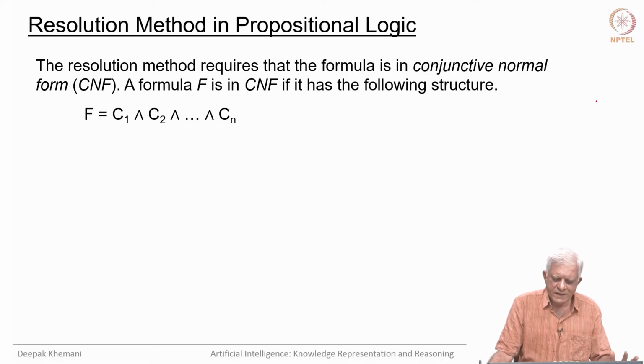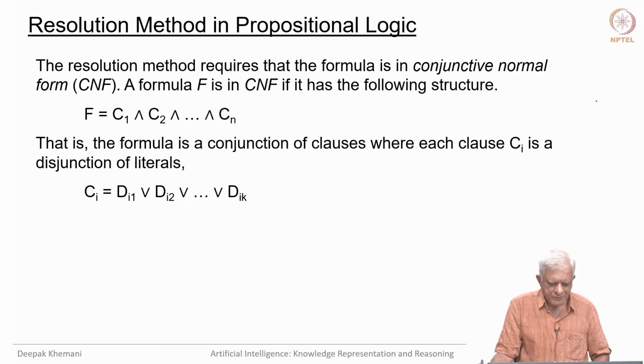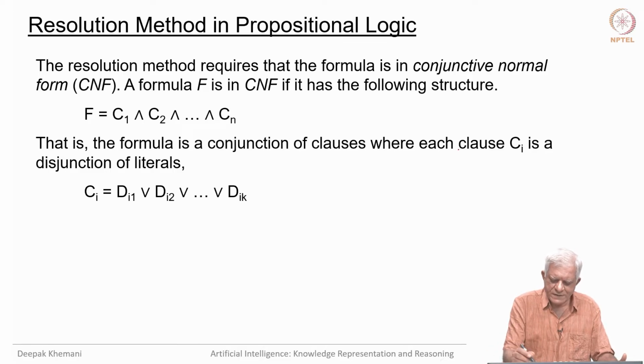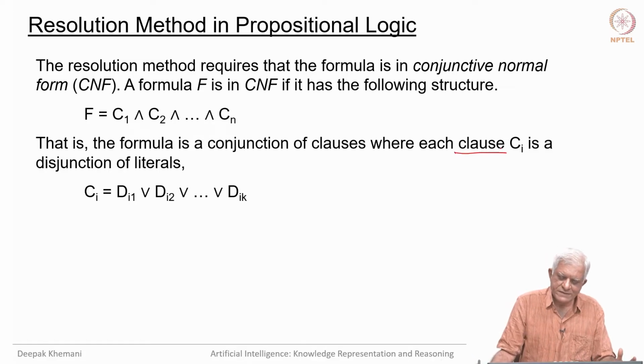We say that a formula f is in conjunctive normal form if it has the following structure, that the formula is a set of sub formulas joined together by AND. So, C1 and C2 and C3 up to Cn. Let us say there are n formulas. Each Ci is called a clause, and each clause is a disjunct of literals.